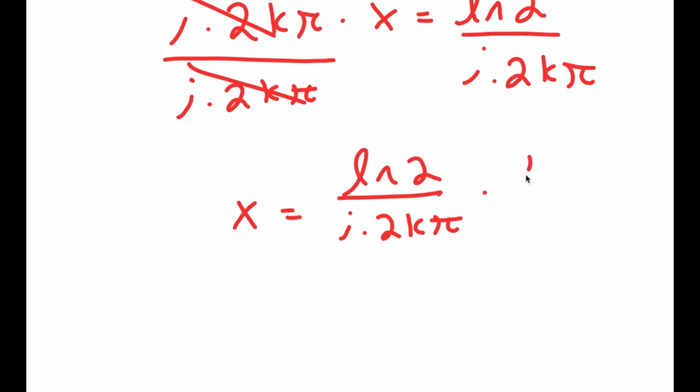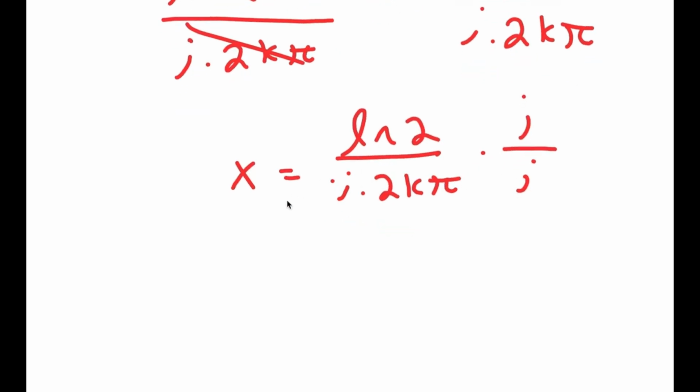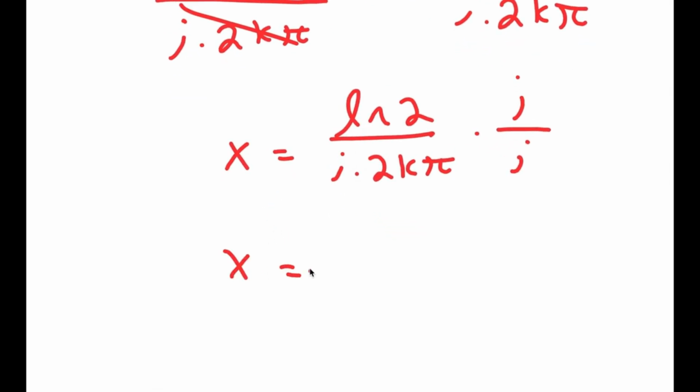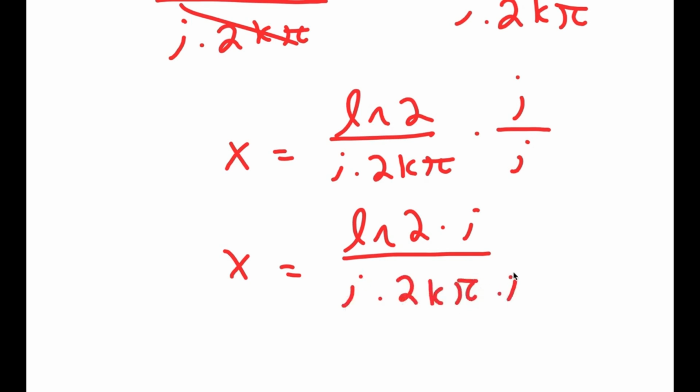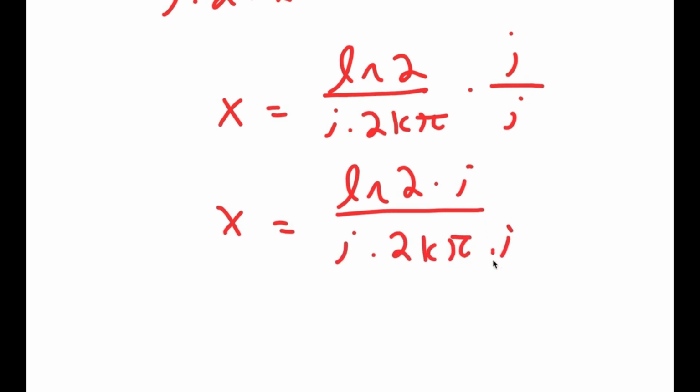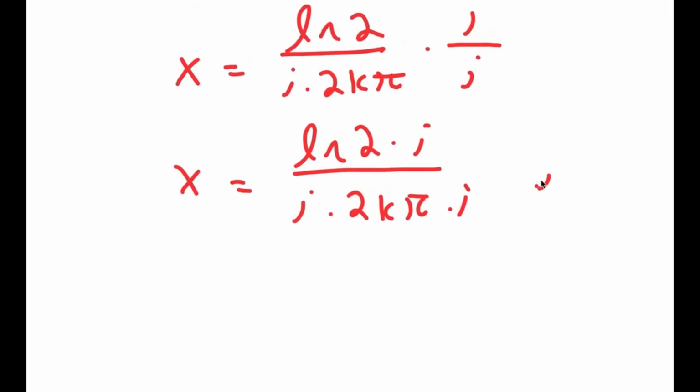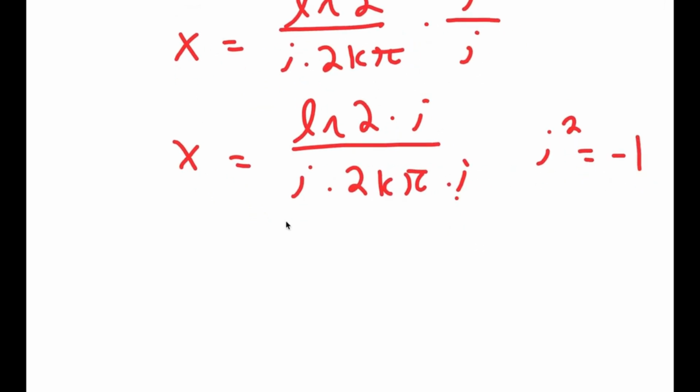Now I'm going to multiply both sides by i over i, which is equal to 1. So now I get x is equal to ln 2 times i over i times 2k pi times i, and i times i is i squared, and i squared is equal to negative 1.